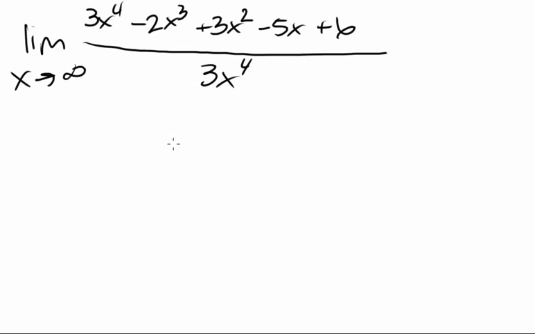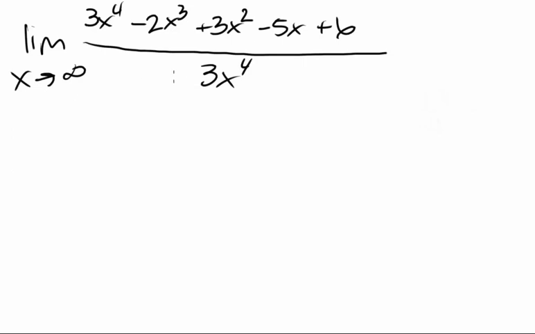So you might think we'll use the quotient rule, which actually could work, but the only problem is, again, we get infinity over infinity. Now, you might be used to the fact where if you have something over itself, that's going to be equal to 1. Well, with limits, that's not necessarily always the case. It could be, but it's not always that way.